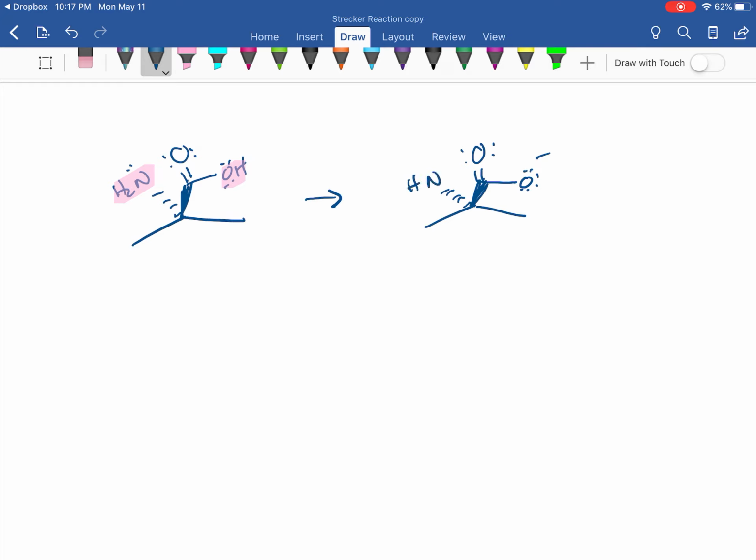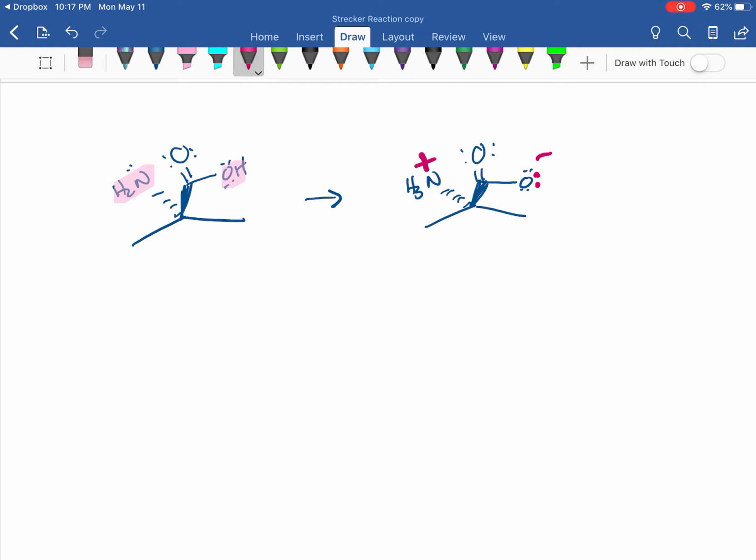So our amino acids sit literally as those 2 charged species. So what just happened to our nitrogen? Now it's protonated.